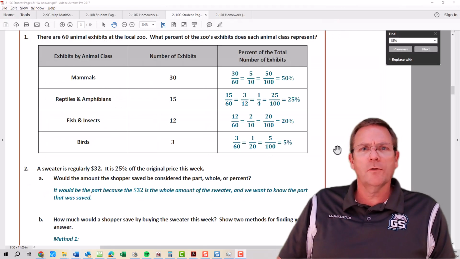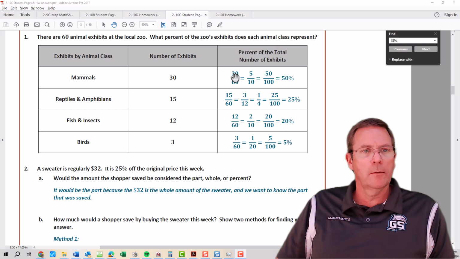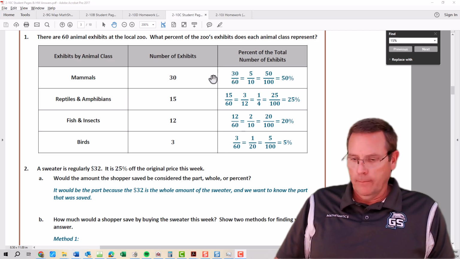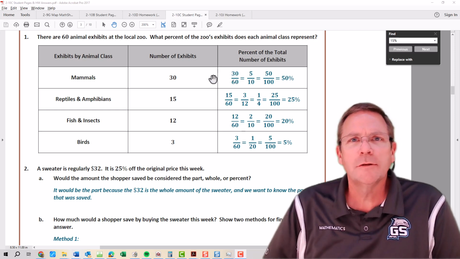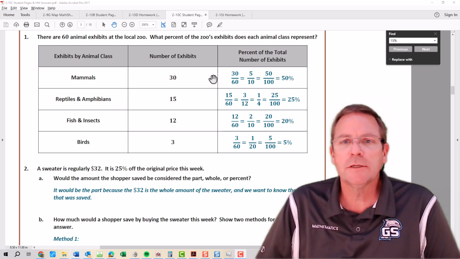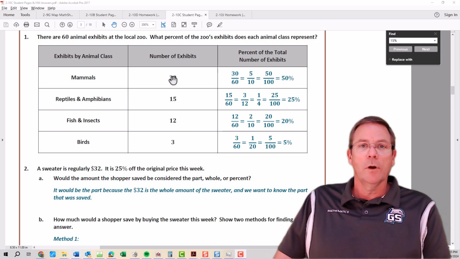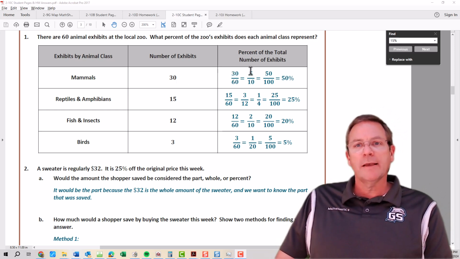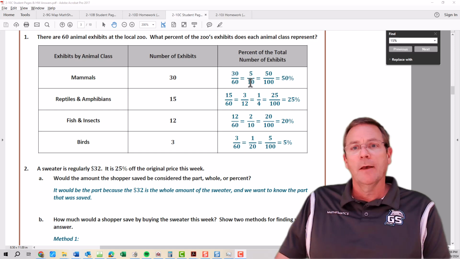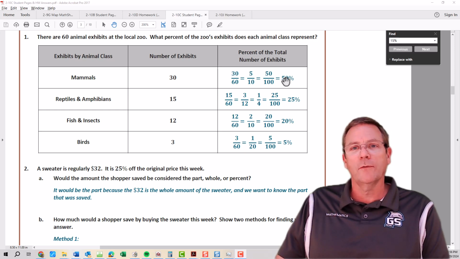So here's the textbook's answers to questions number 1 and 2. And you can see they wrote these as fractions and then just simplified the fractions to find the information. For the first one, 30 out of 60, well, that's simplified to be 5 to 10. They could then multiply top and bottom by 10, and that gave them 50 over 100, also known as 50%.